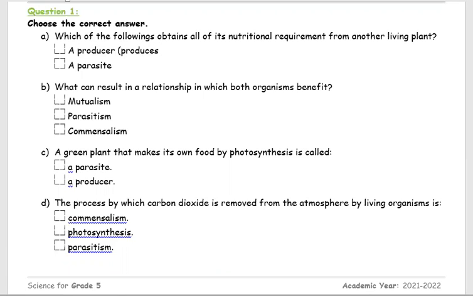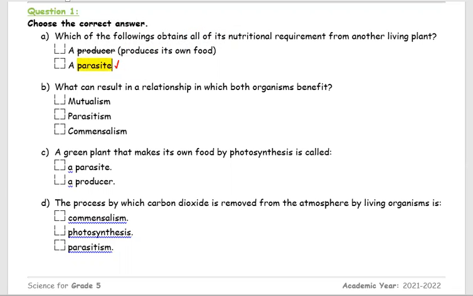It produces its own food by photosynthesis. So this is not the answer. Okay, this is the answer. The parasite harms the host by stealing its food or by obtaining all of its nutrients from its host. Okay, so this one is the answer.